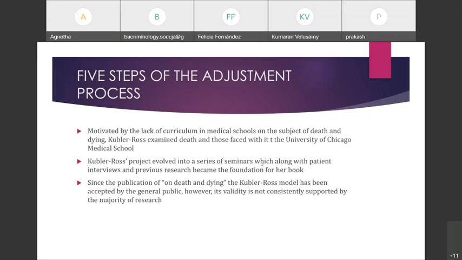Shock, okay, yes. Then what else? Denial, okay. Maybe anger and depression also. Yes, anger and depression, okay.